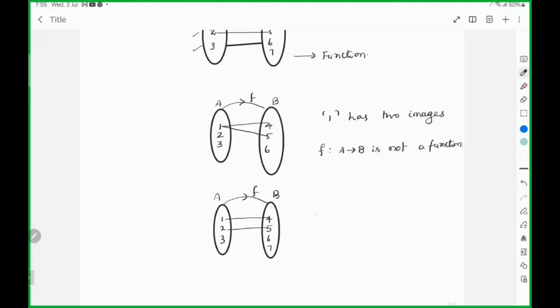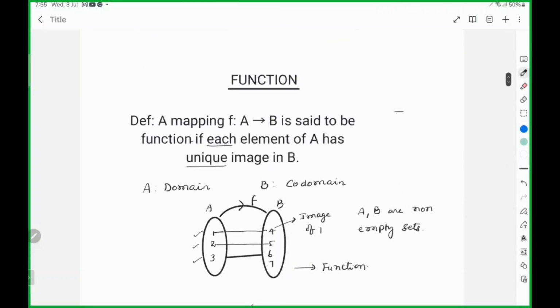But every element must have an image, and 3 has no image. So F mapping from A to B is not a function. I think you understood the importance of each and unique.